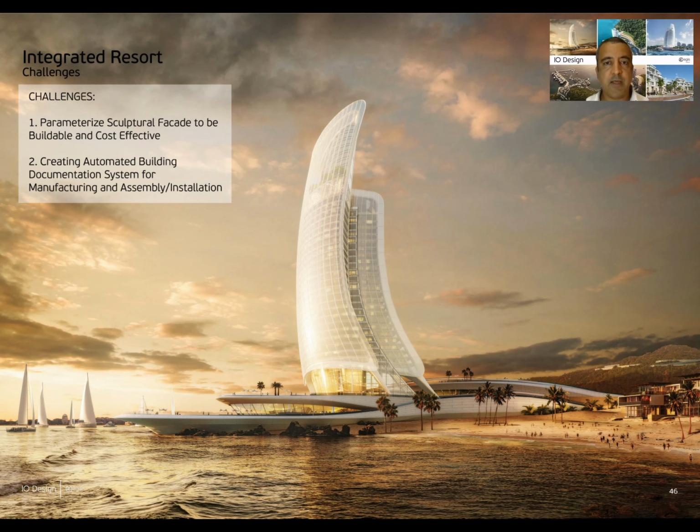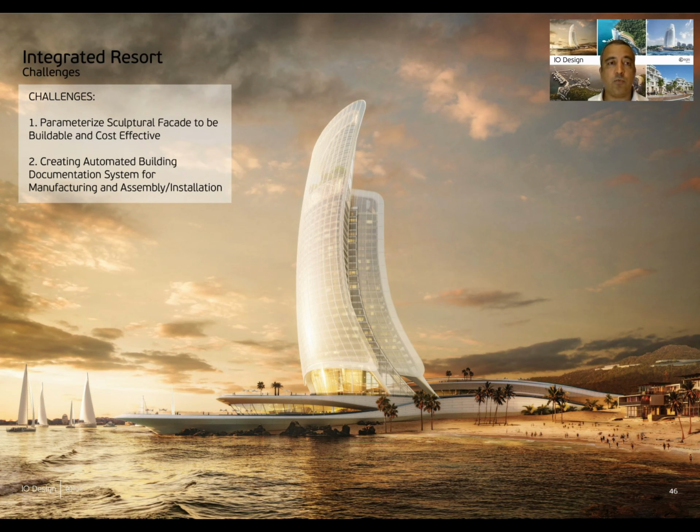So these things were very important for us to explore, to keep exploring. Again, we are not even at middle schematic design, so we are still working towards getting this to an optimal standard to be able to advance to construction. The integrated resort is a completely different case, where we also want to parameterize, we want to standardize to a certain extent.